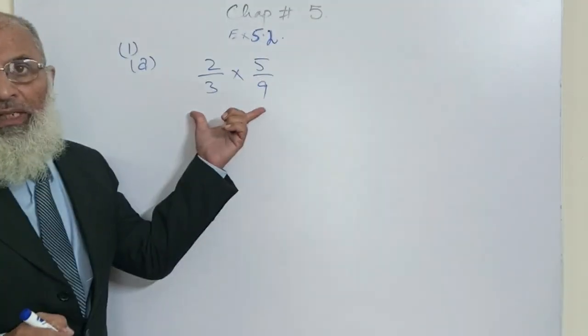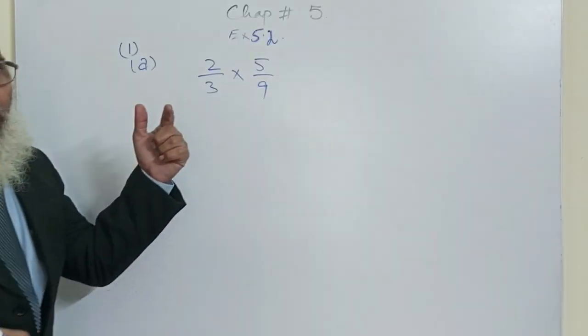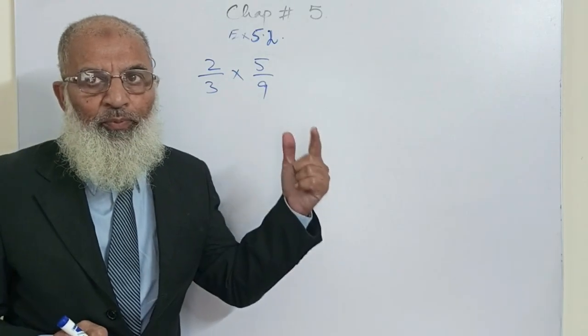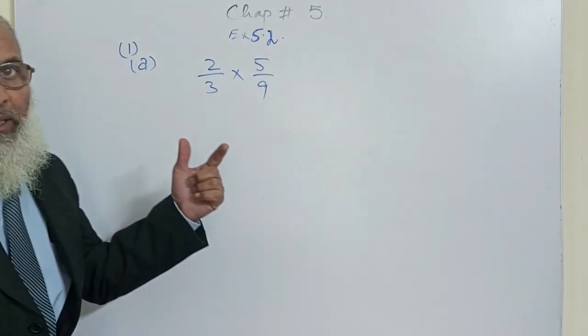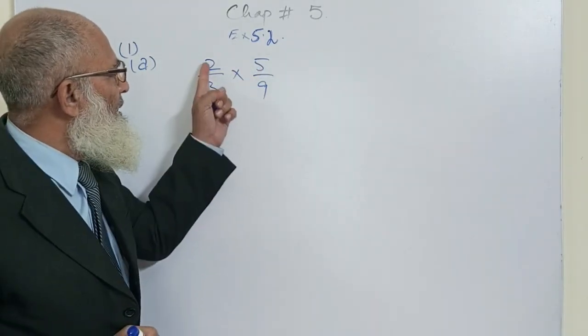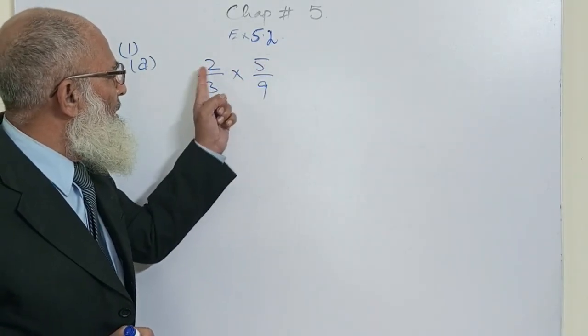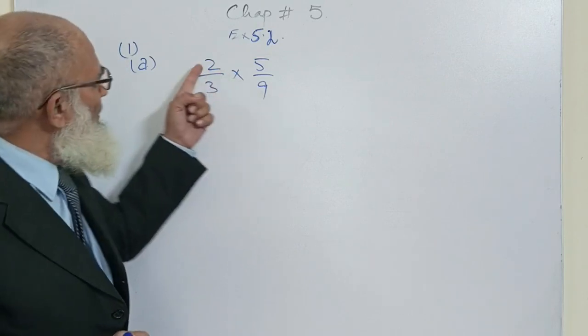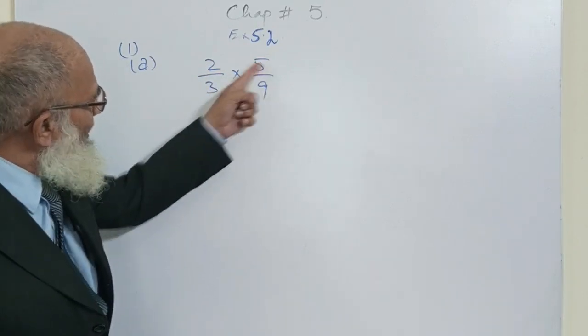So, it is very easy. As contrary to addition or subtraction, you can directly multiply this with this, or you can even divide this with this and this with this.